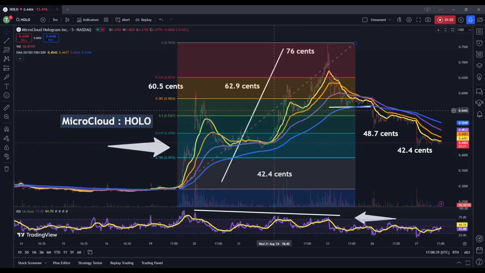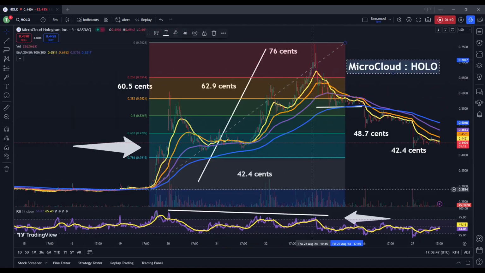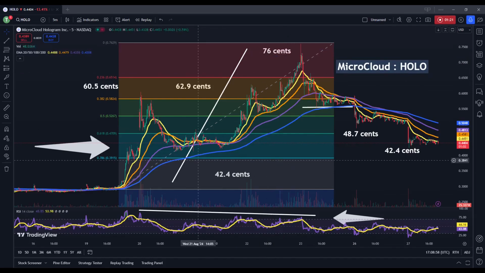A lot of these would have been seen in the prior video. The reason that I leave these on the video is that it's important to watch how these projections ultimately played out. And as we can see here, this current rally, which took place from roughly 30 cents per share all the way to 76 cents per share, is now starting to roll over and reverse itself.